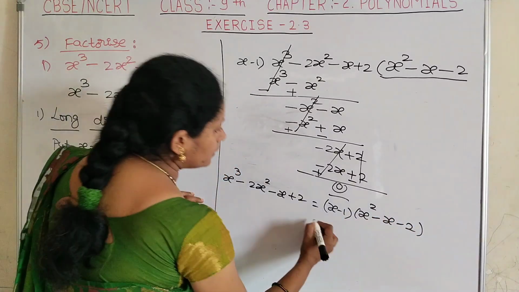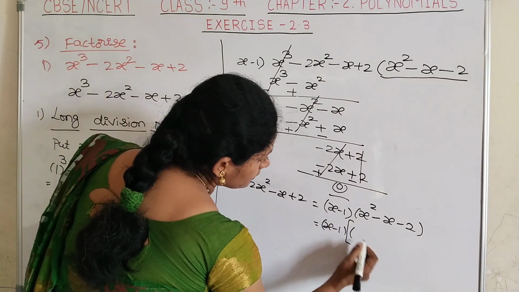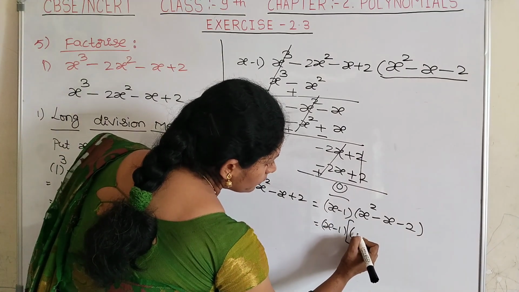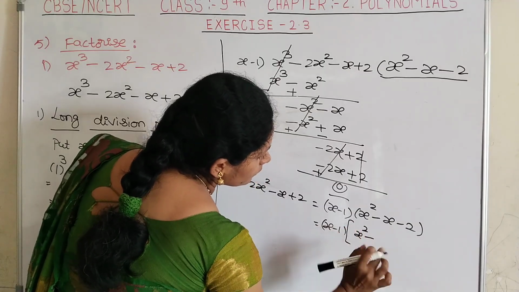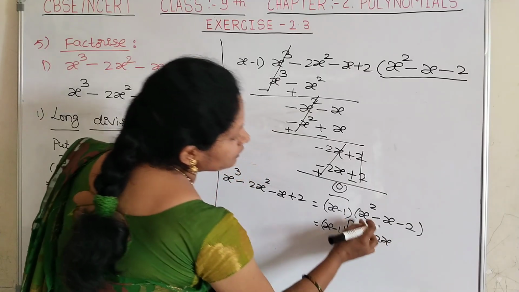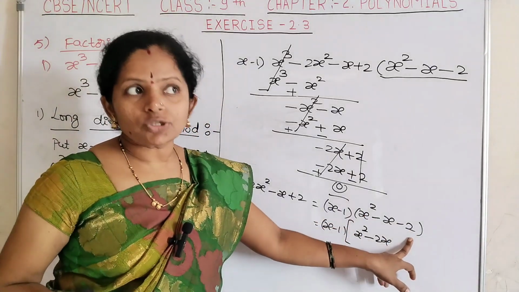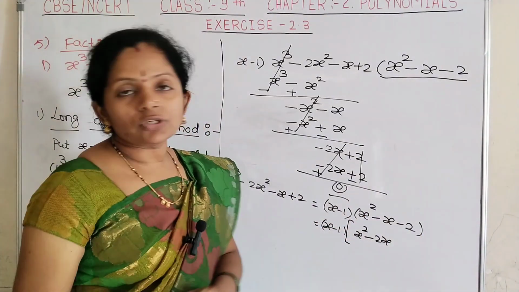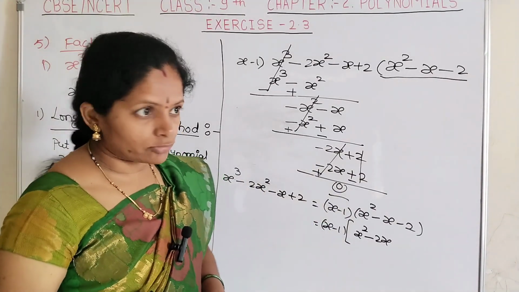Now get the factors of this. X square minus 2x, because after the multiplication of x square and minus 2x, we get the minus 2x square. The factors of 2 are 2 and 1, and since the product is negative, we have to perform the subtraction.